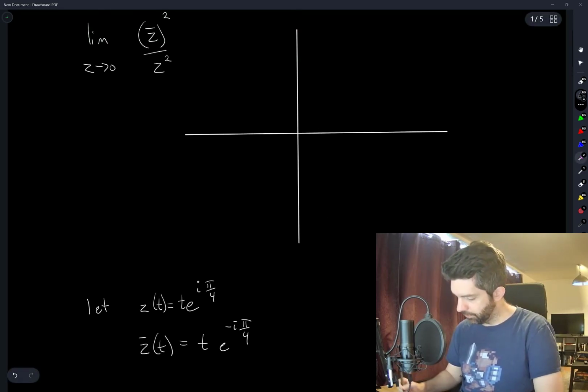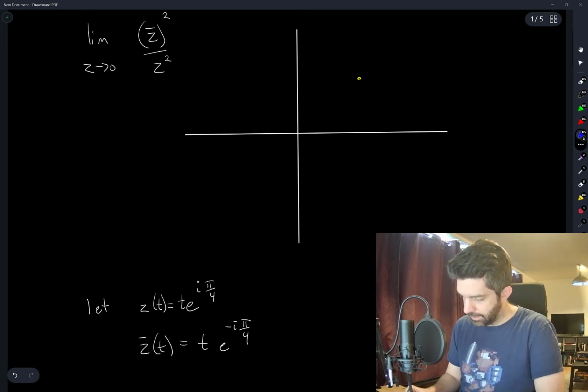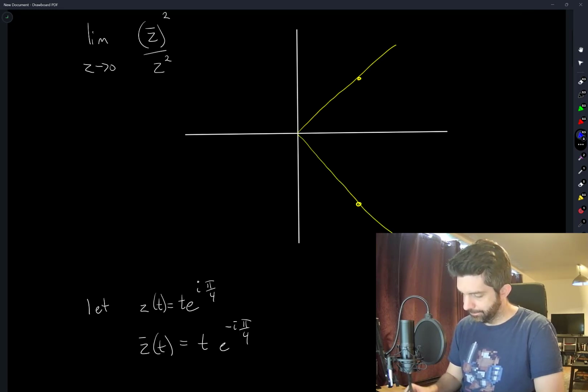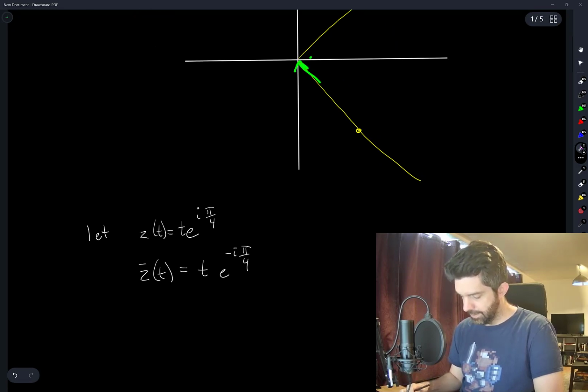So where are these numbers? z lies along this ray, and z bar lies along that ray. So z is approaching 0 like this as t goes to 0, and z bar is approaching like this.